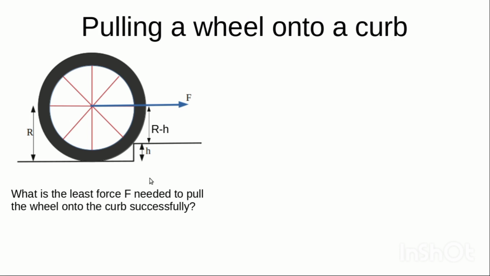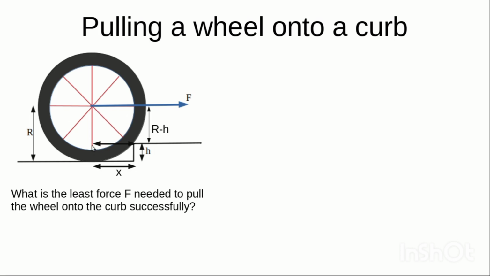Then we also need this length from here to this point. To get this, we know that this side is also equal to this length, and we can label it x. To find x, we know from here to here is r, and from here to here is r minus h.